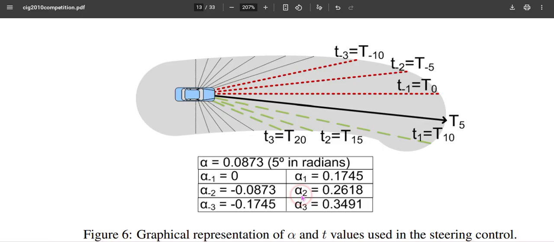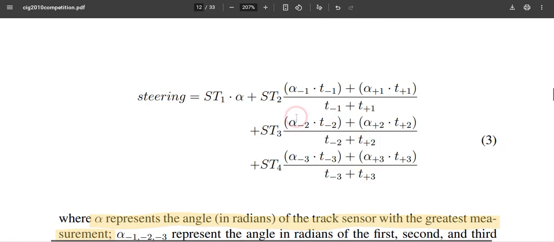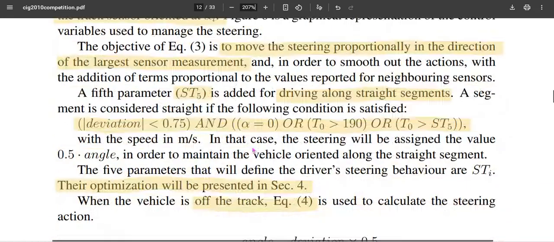How those alpha values are chosen, and the distance chosen, is based on this alpha value, which is the largest distance that can be traveled. Those values will be substituted here and multiplied by these tuning parameters. These tuning parameters will be designed by a genetic algorithm, which will be explained later.